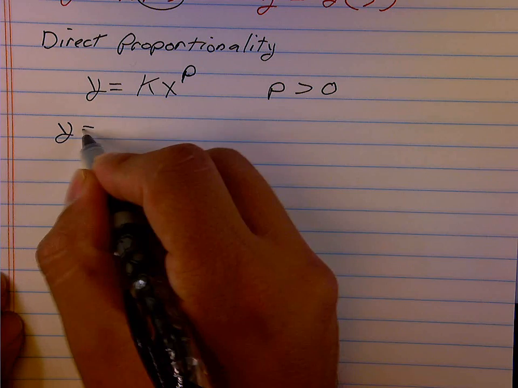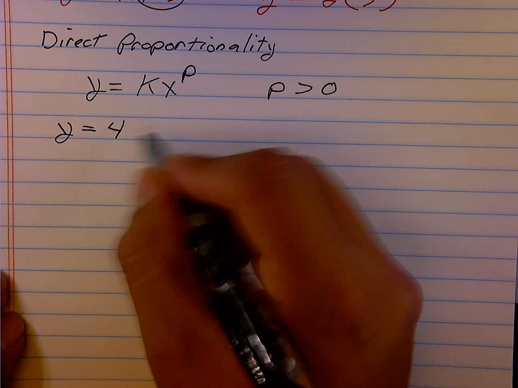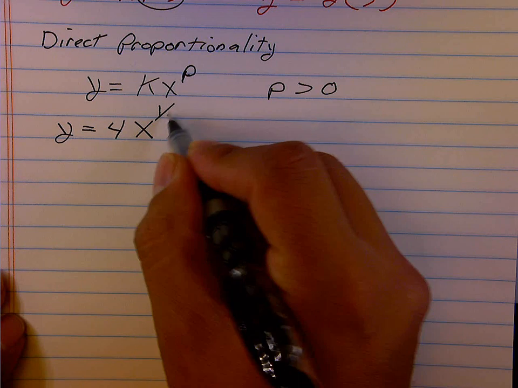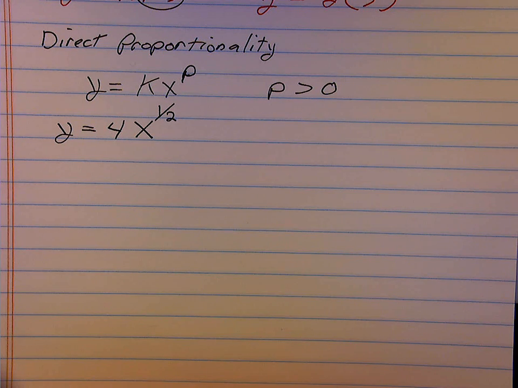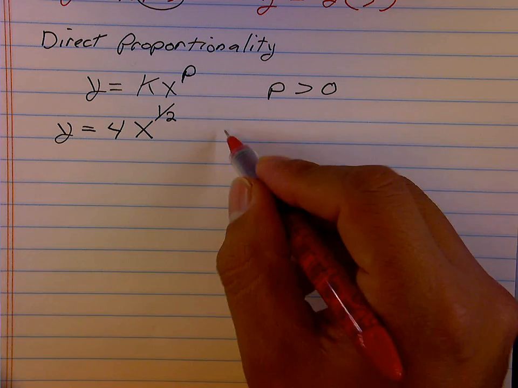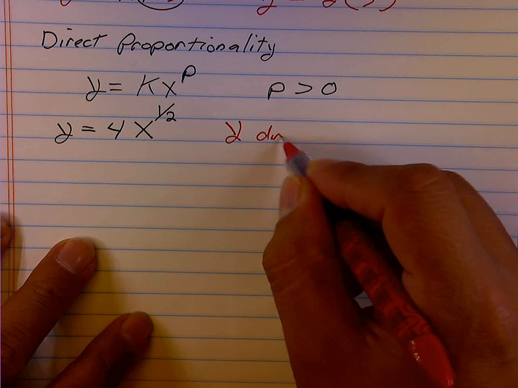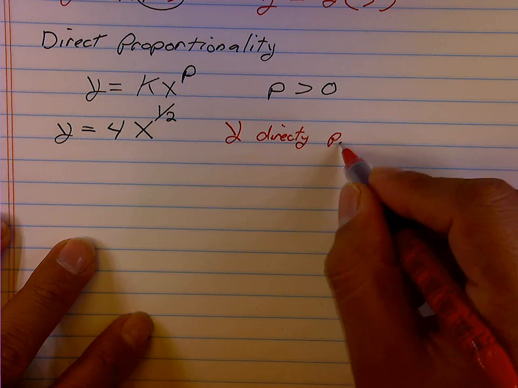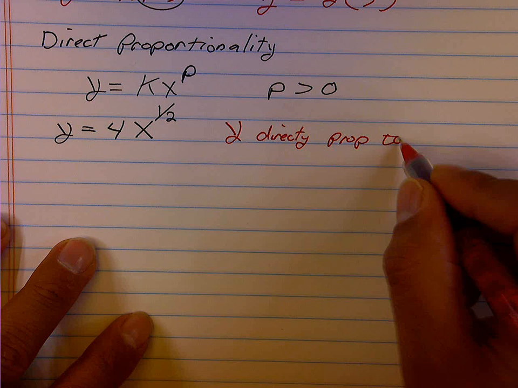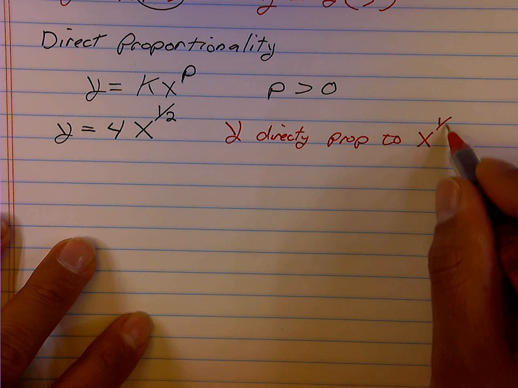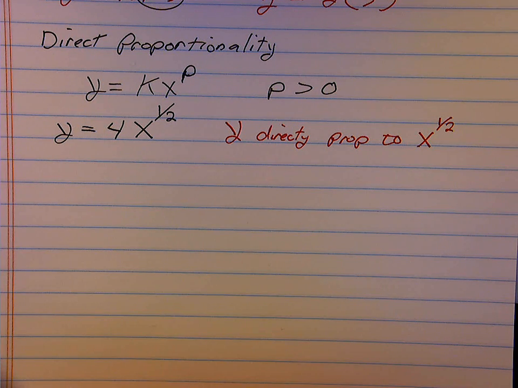For instance, looking at this power function, I can say that y is directly proportional to x to the 1/2, because my exponent is positive.